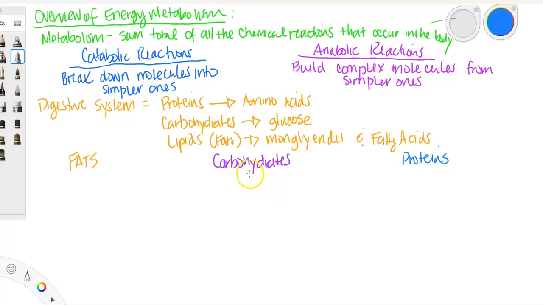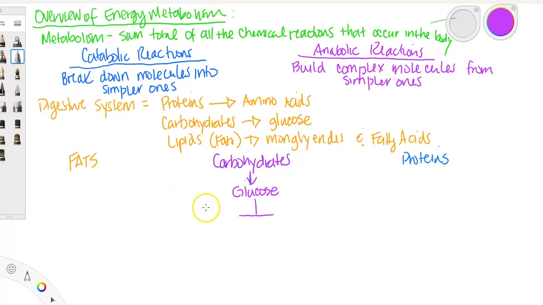So in carbohydrates, I'll use my other color here, we're talking about glucose. And when we need energy, that glucose is basically funneled into a system of steps to break the glucose down and release this energy as ATP.